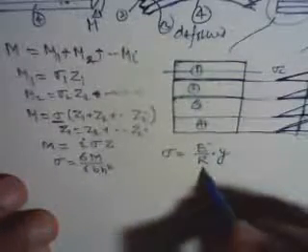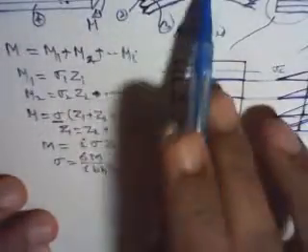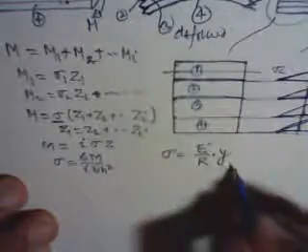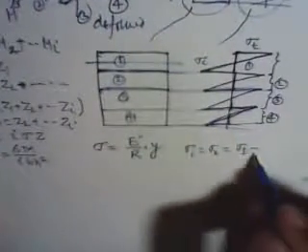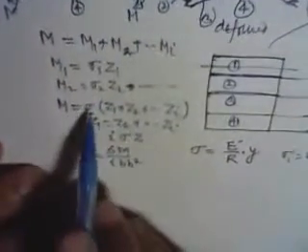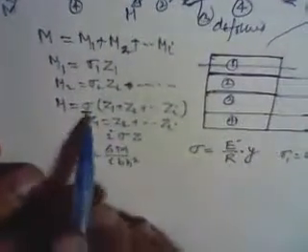This is because we know that sigma is equal to E by R into Y. Here E is constant and R is also constant for each laminate. So sigma 1 will be equal to sigma 2 will be equal to sigma 3 and so on. That is why we have substituted sigma for sigma 1, sigma 2 and taken it as common.